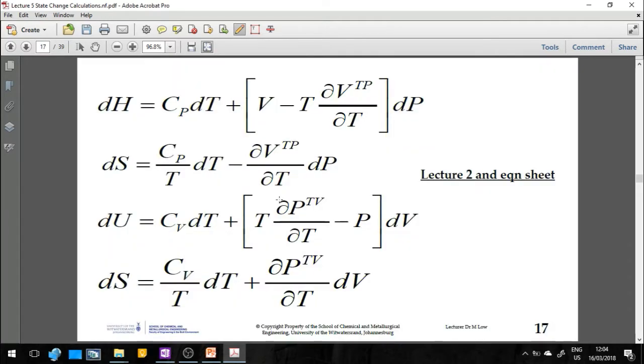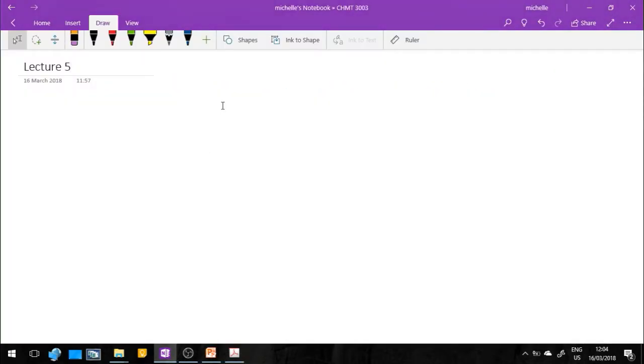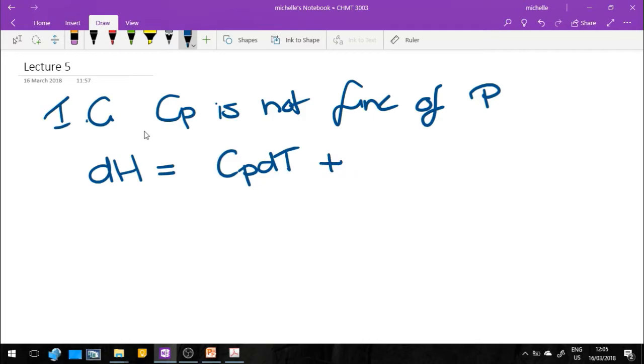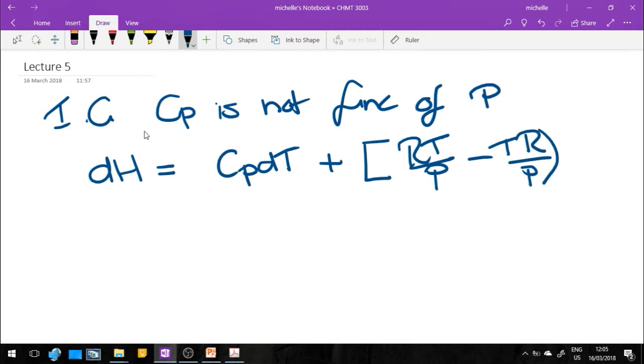Right, so the next part, before even moving on, was to show what would help you even more. So for an ideal gas, you know Cp is not a function of pressure, but also what you can show by using your thermodynamic equations, dH equals Cp dT plus RT over P minus TR over P dP.